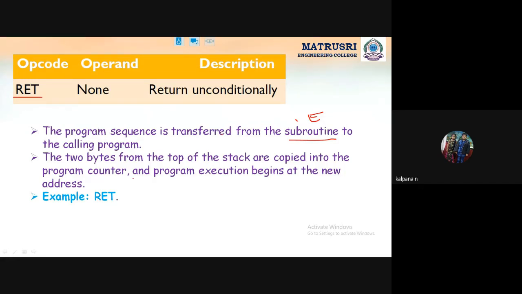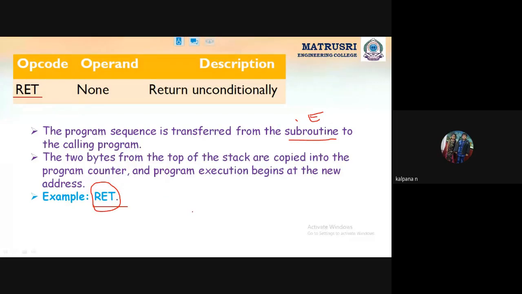So what instruction should we use? We need to come back from the subprogram to the main program after execution of the subroutine. The instruction is RET.